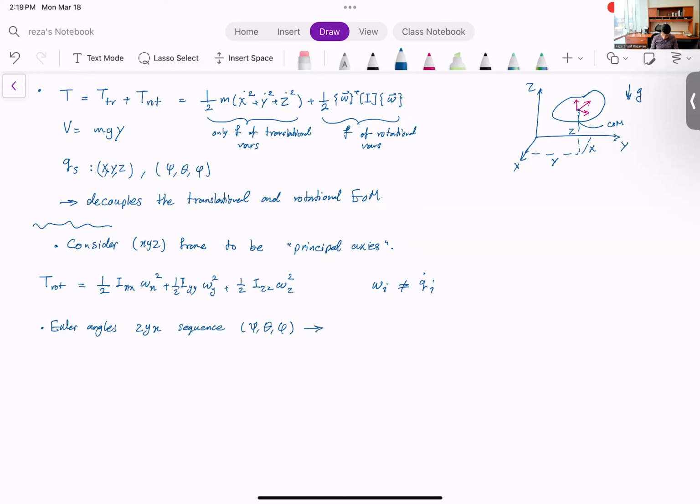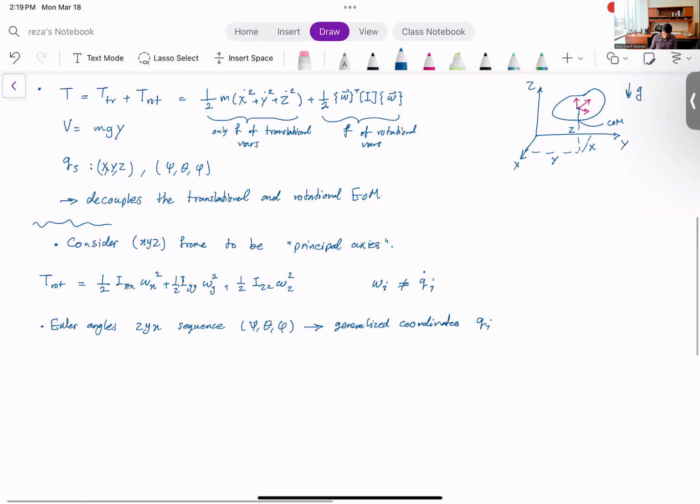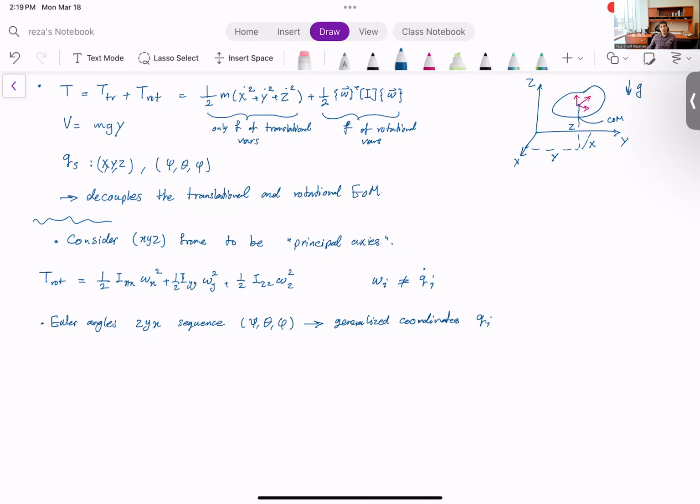These are my generalized coordinates, my q i's. The q i's are the 3 rotational ones. So the only thing I need to do is write the kinetic energy in terms of these q dots. And we have already looked into that.